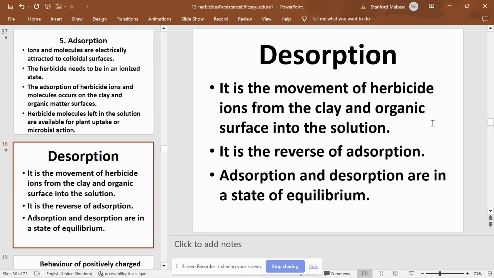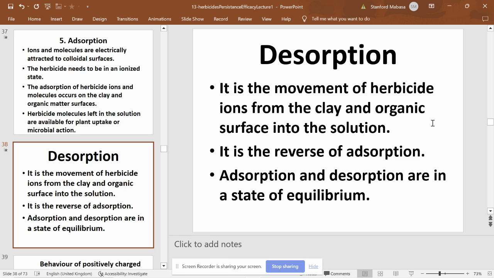There's a process known as desorption. It is the movement of herbicide ions from clay and organic surface into the solution. The reverse is what is known as adsorption.